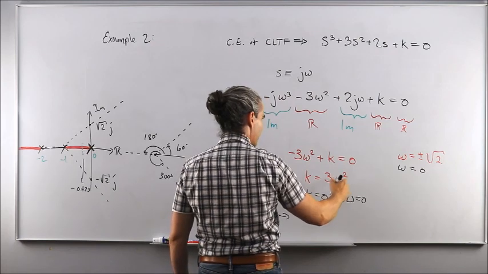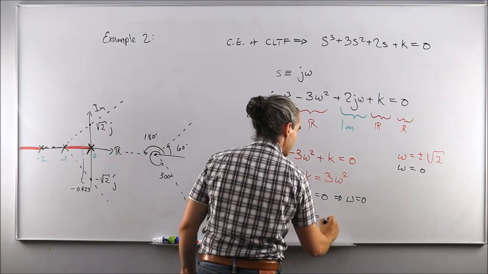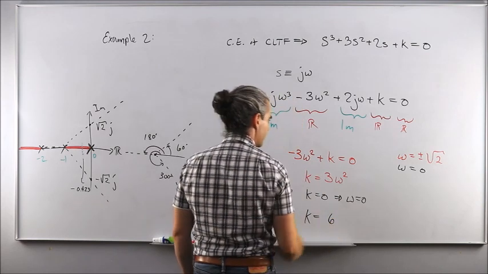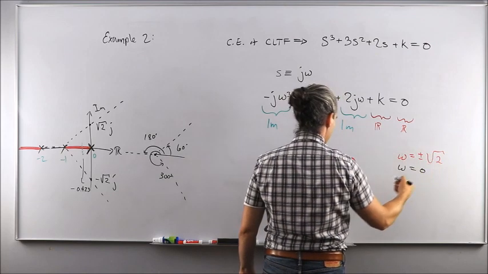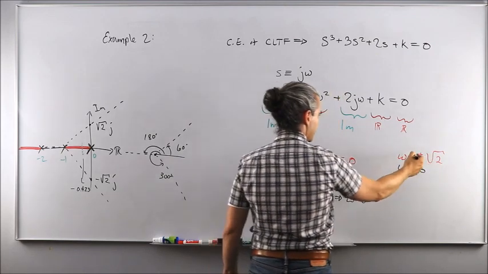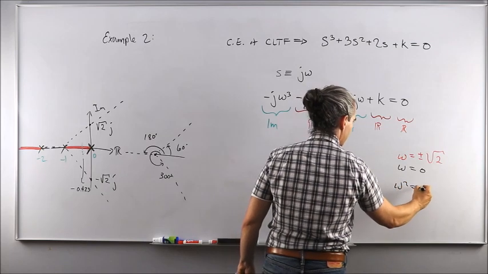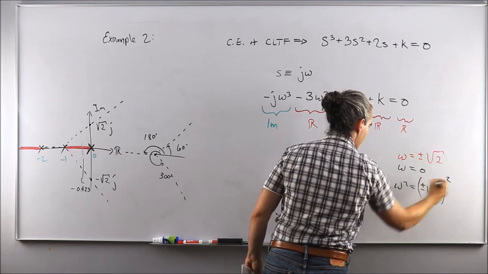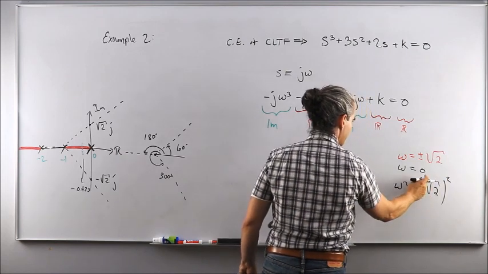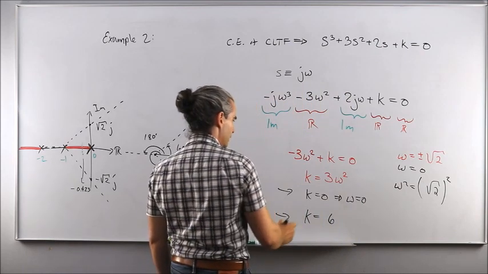And because this is squared, that only gives you one value. That value is going to be 6, because the square of square root of 2 gives you 2, regardless if it is positive or negative, right? Because omega squared is plus minus this, but squared. So the plus minus signs become irrelevant, and you're left with 2.